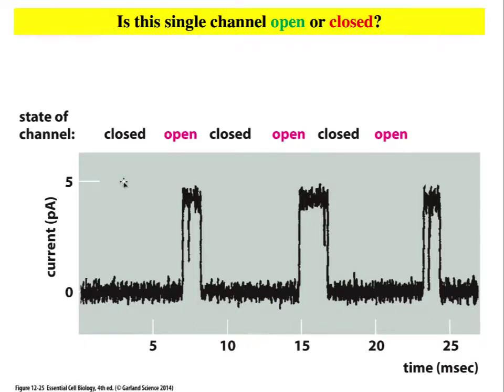Here we're studying a single ion channel using a patch clamp technique where we can monitor the membrane potential over time. And as you can see, for this particular channel, it opens 3 times during a 27 millisecond period. And for most of the time, it's closed. So for this particular one, we would say that this channel is closed because for the majority of the time, it has no membrane potential passing across it.